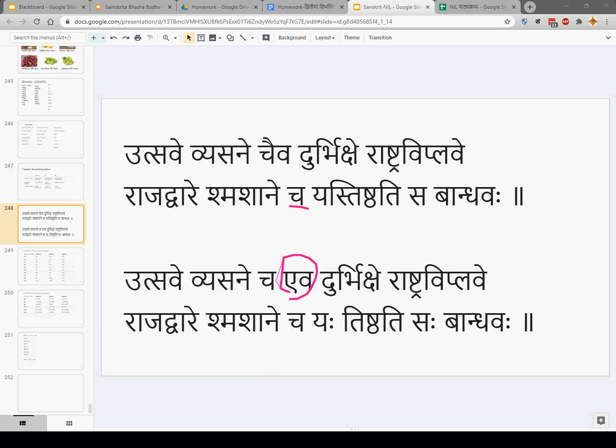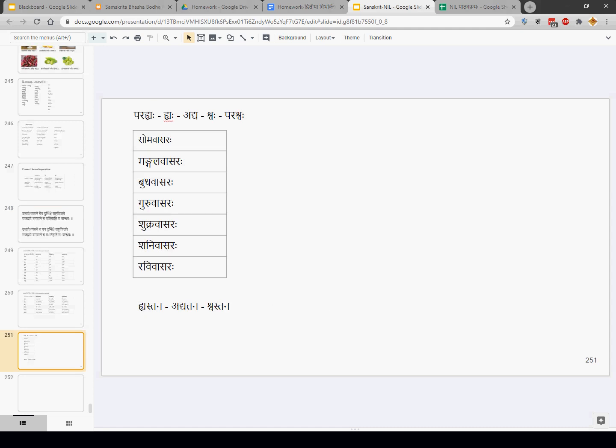So these kinds of things are avyayam. That means non-changing. They do not change their forms in any case. But they are nouns. Like that, adya is also an avyayam. Adya just means today, an avyaya word.